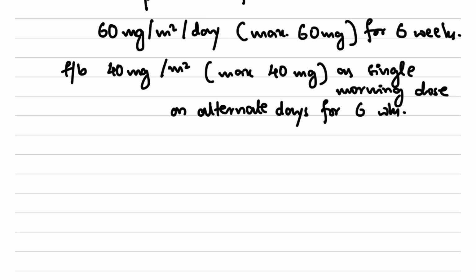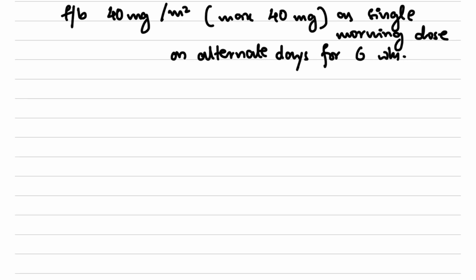Now let's look at important definitions that we need to remember in the management of the first episode. The first one is the remission. When do we say the child has a remission?